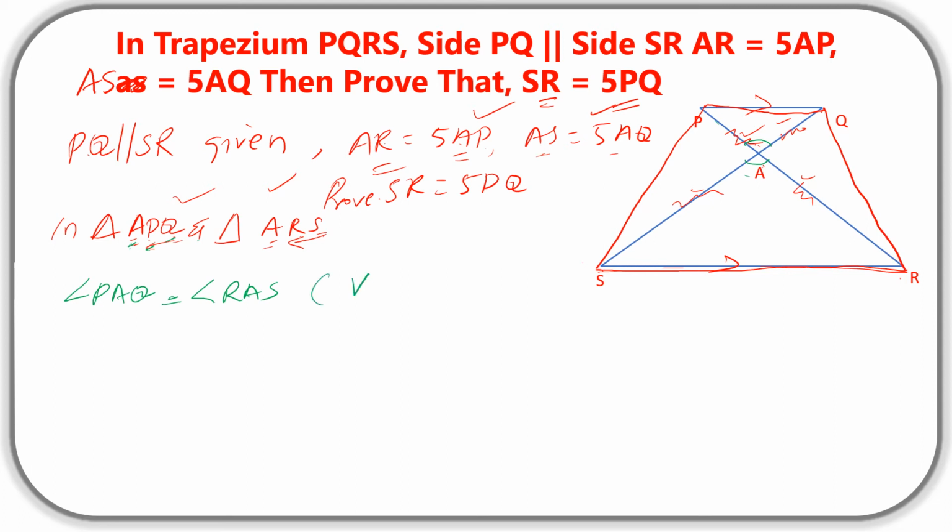They are vertically opposite angles. If I could prove one more angle equal, then similarity can be proved. It is given that this side is parallel to this side.